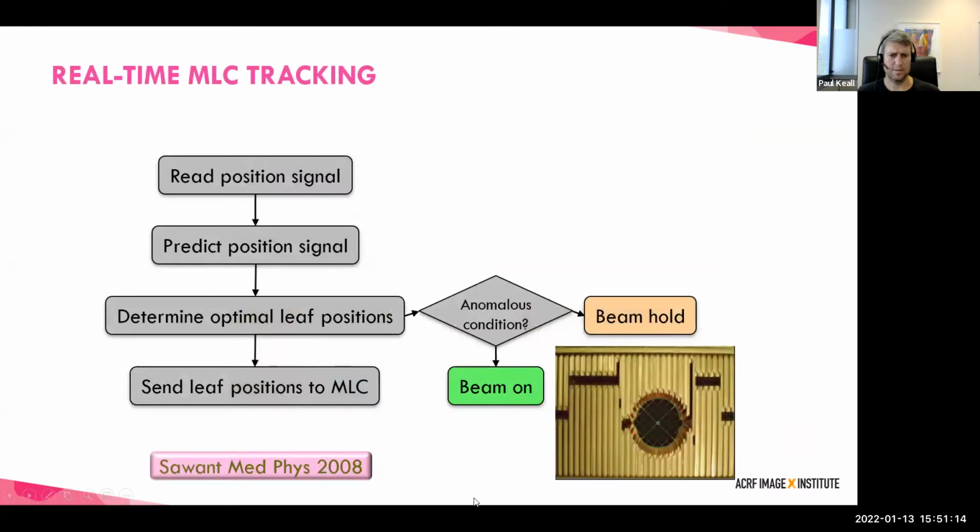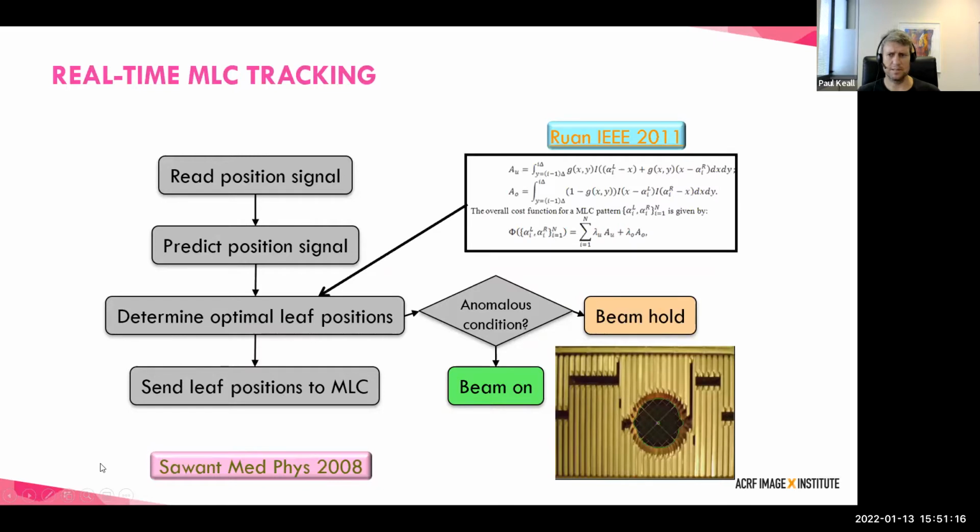So for multi-leaf collimator tracking, how do we shape the beam in real time? We need to know where the target is, and this is quite a nice demonstration of physics and mathematics in action.